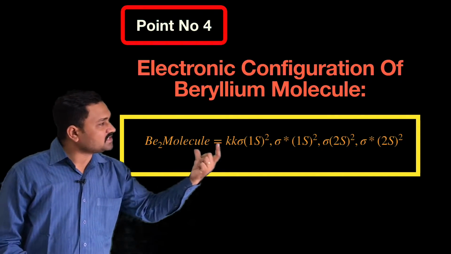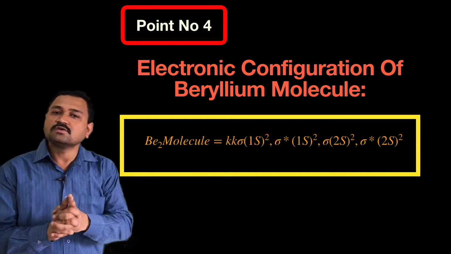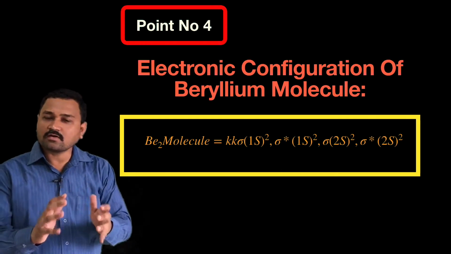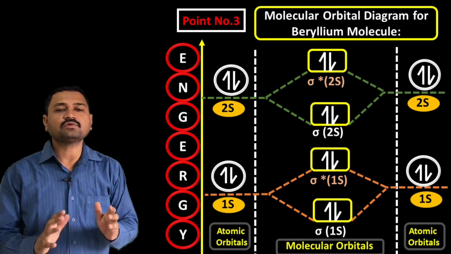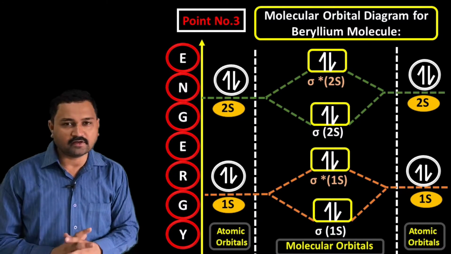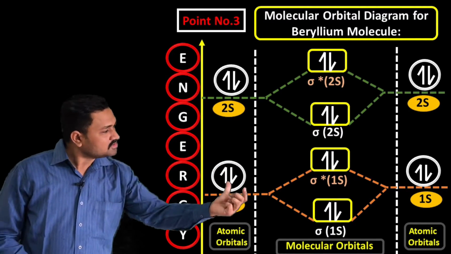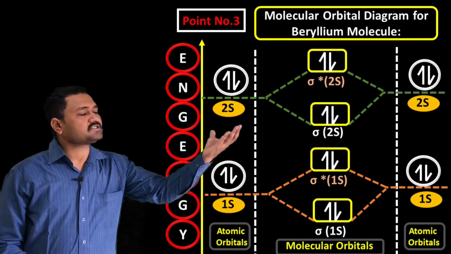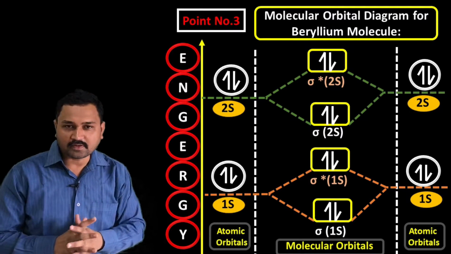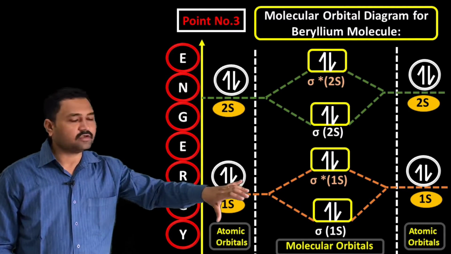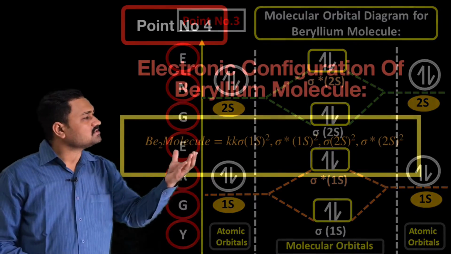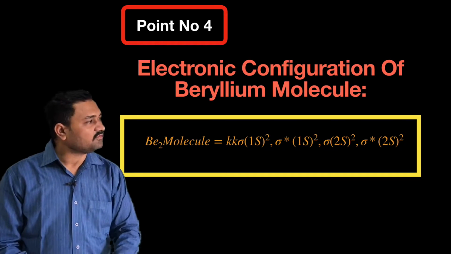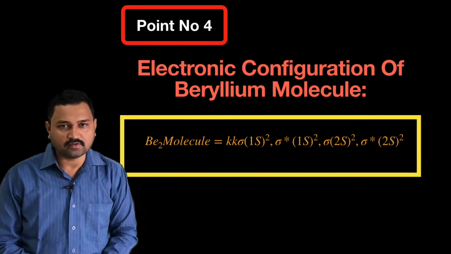So you can observe that I have distributed these 8 electrons in the 4 molecular orbitals. For writing this electronic configuration, you can take reference of point number 3 that I have shown, and you can easily write it by just observing the molecular orbital energy level diagram for this molecule. So this is about the electronic configuration for your diberyllium molecule.